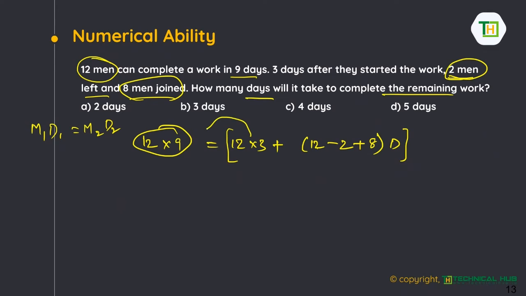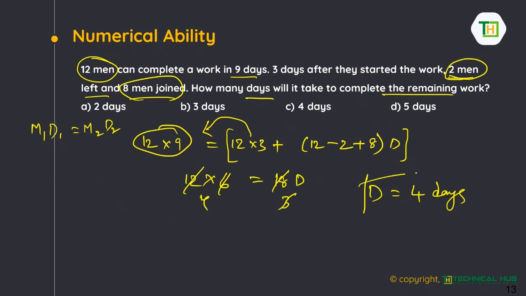So this entire value goes to the left side. 12 is a common term, so you can take that common. 9 minus 3, what is 9 minus 3? 6. 12 into 6 is equal to 18 into t. Here 6 ones are 6, 6 threes are 18, and 3 ones are 3, 3 fours are 12. Therefore, time period is equal to 4 days. That is the required answer. Remaining work is completed in 4 days. Option C is the right answer.